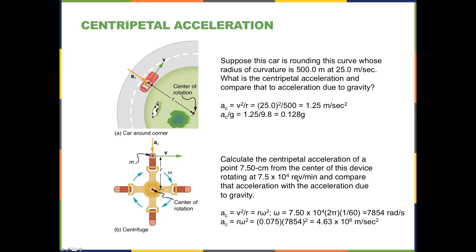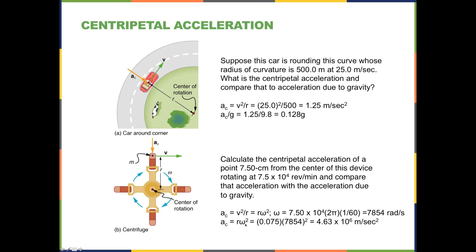Omega is 7.5 times 10 to the fourth revolutions per minute times 2 pi radians per revolution divided by 60 seconds, which is 7,856 radians per second. That's the angular velocity.